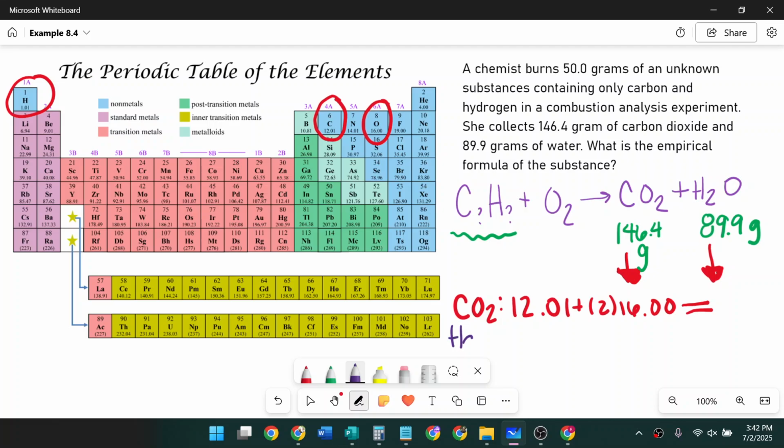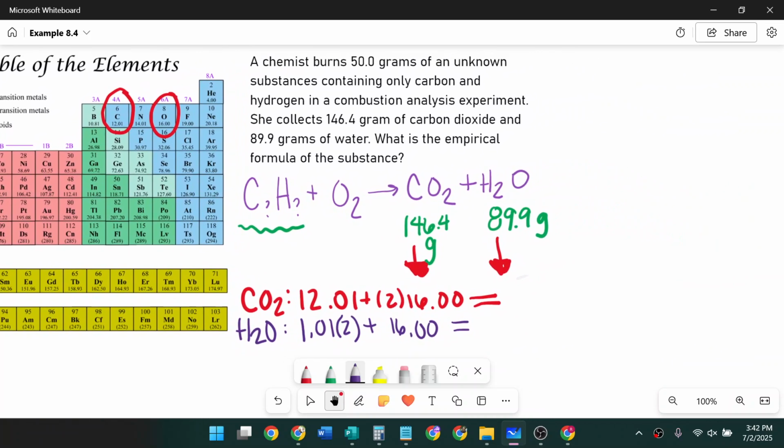And then for the water, we have 1.01 times 2, because there's 2 atoms of that, plus 16.00. And that will tell us how many grams is in 1 mole of water.